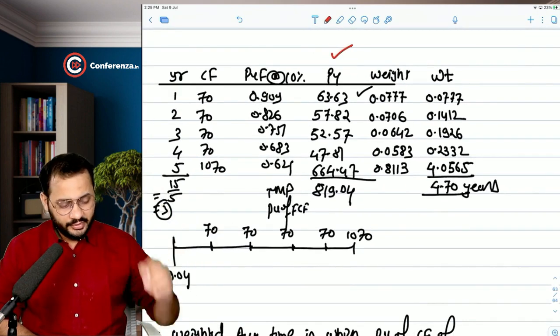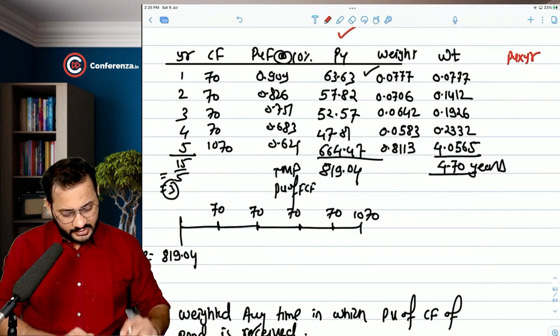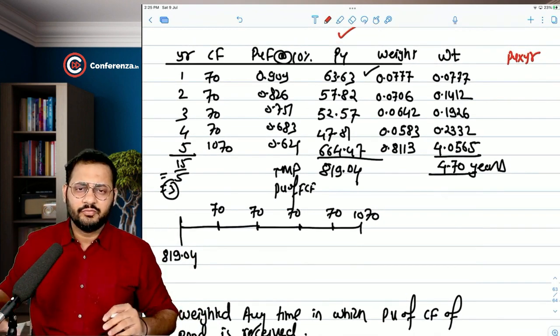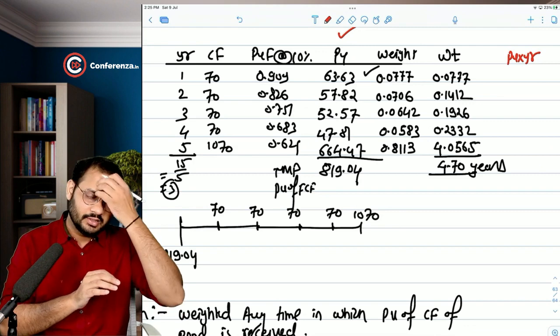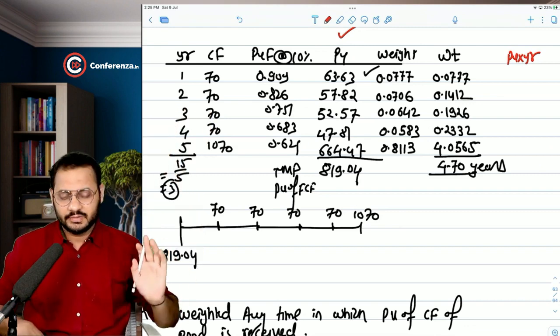Present value into years. This is a little lengthy process. If you don't want to calculate weight separately, you can simply multiply the present value with the years.